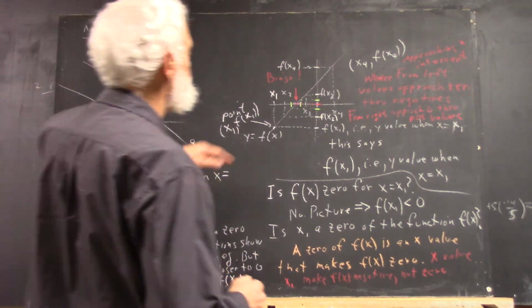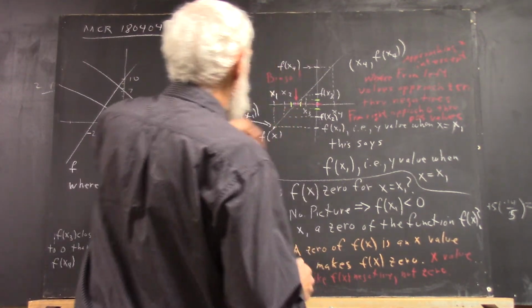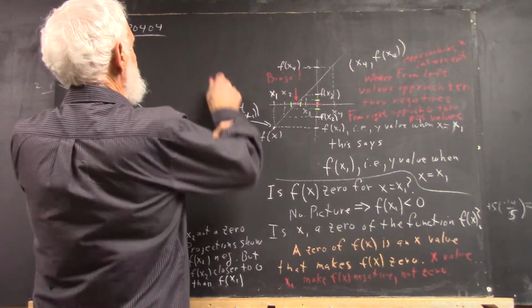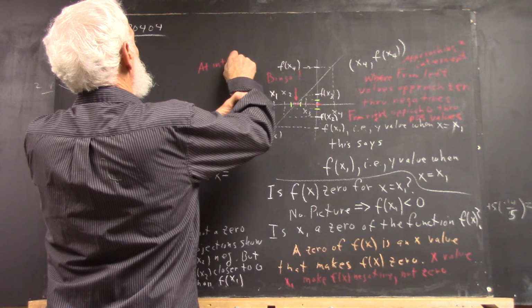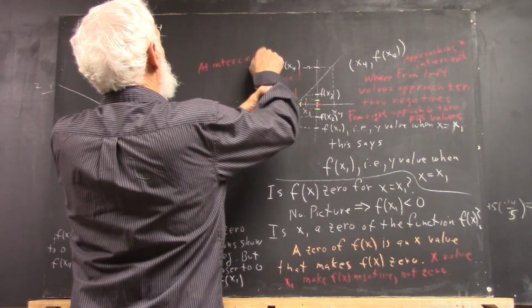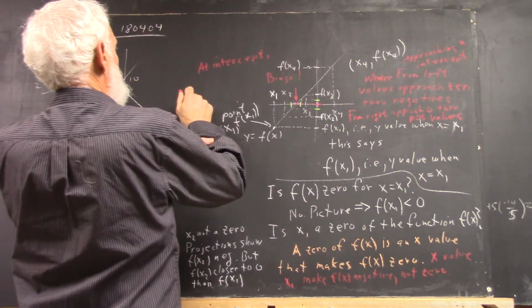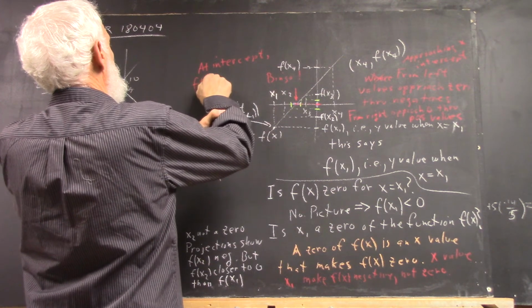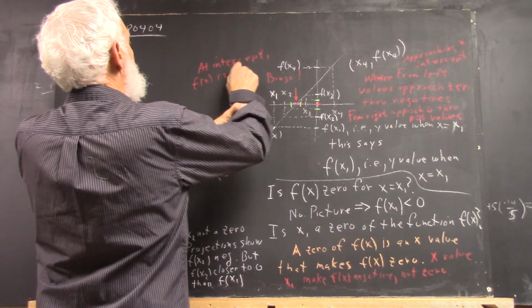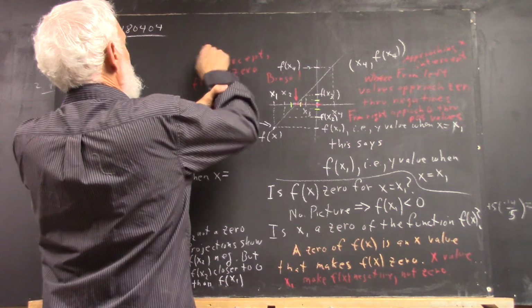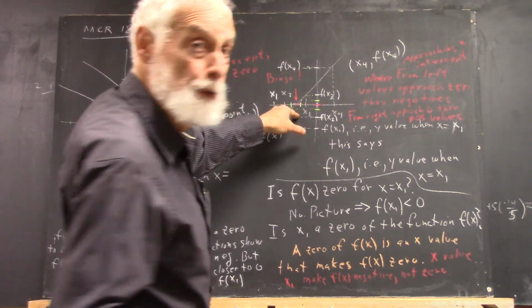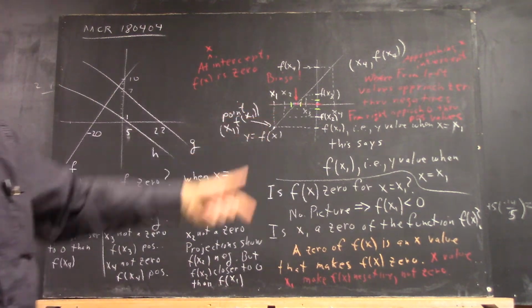So at the intercept, at the x-intercept, because that's what we're approaching, we do get the value 0.